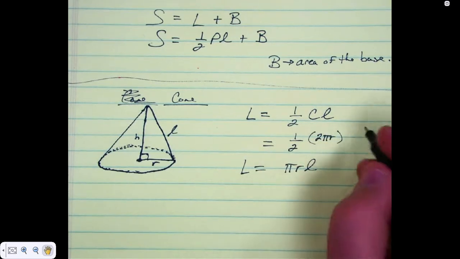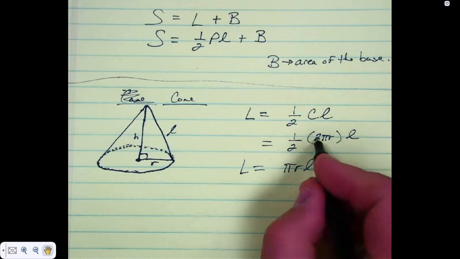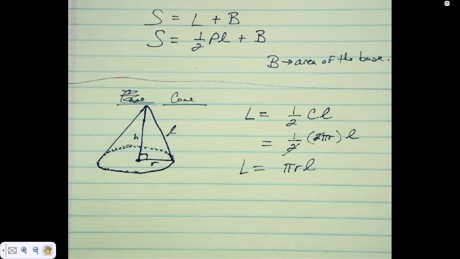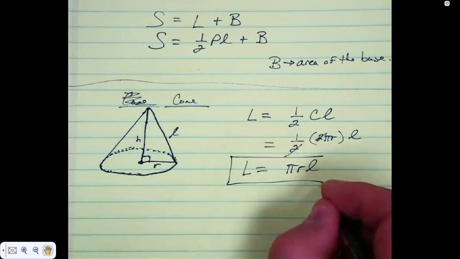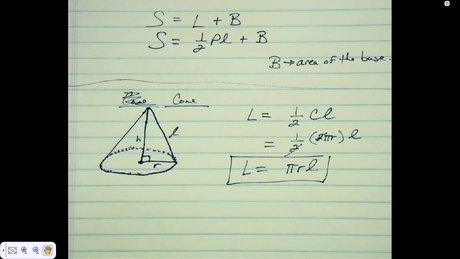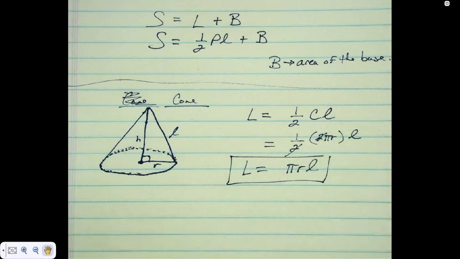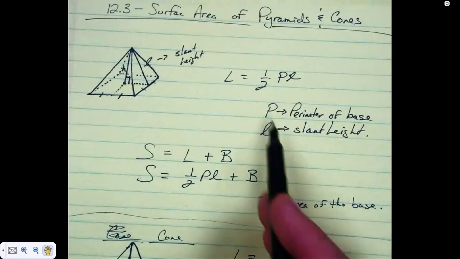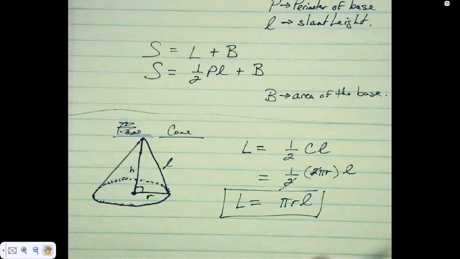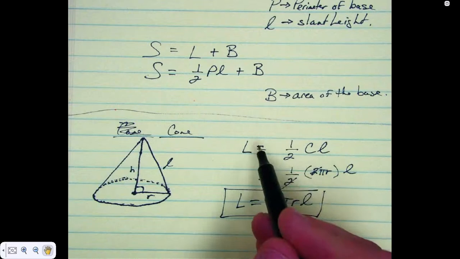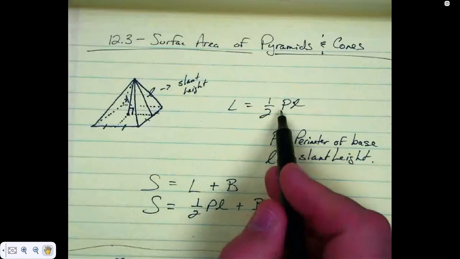Yeah, 2 pi r. You're pretty much dividing it by 2. What happens to this 2? It disappears. Leaving your formula for lateral area is what? Pi r L. But they got it from doing what? 1/2 circumference times what? Slant height. So really, in essence, the formulas are the same, are they not? It's just for a circle, you use what? Circumference instead of what? Perimeter.